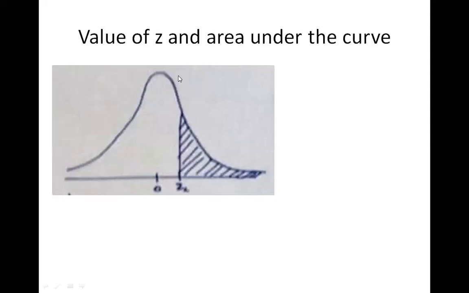So this is Z score, and I am interested in the area under this curve, and this curve is standard normal distribution curve, which is beyond that particular Z score. I'll talk about that a little bit later.